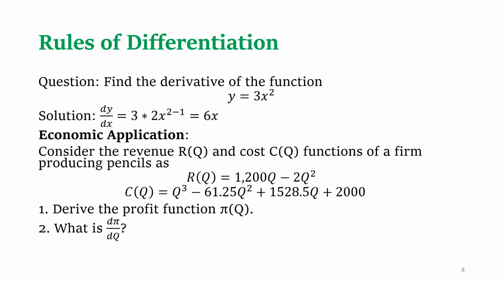Now, in fact, for simplicity here, if you have y equals 3x squared, all you need to do is to separate that constant term, the coefficient of x. Just separate it from the variable x to the power 2, right? So you can take 3 out of the equation. Now just try to differentiate x to the power 2.